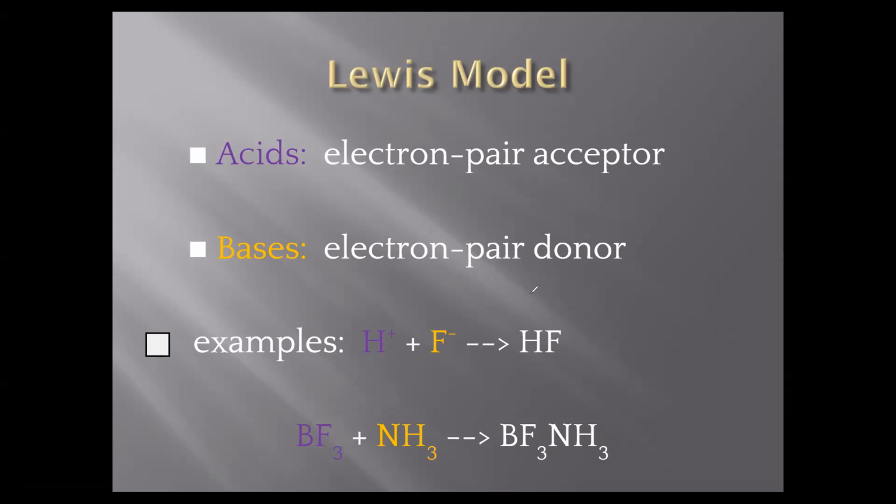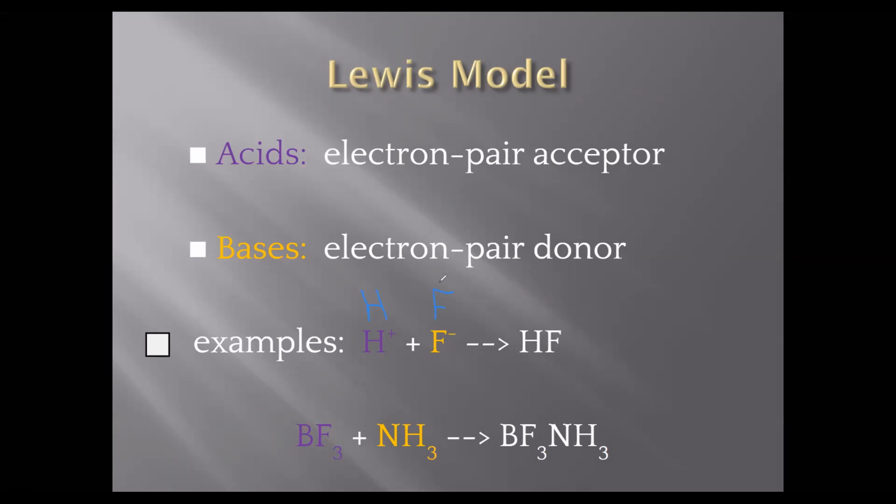So we have H plus, actually, let me draw it over there. Excuse me. Let's draw it over there. So we have this H plus, right? And this H plus does not have any electrons, because hydrogen by itself usually only has one electron, but if it's H plus, there's no electrons there. Fluorine, on the other hand, in neutral state, if you look at the periodic table, has 7 electrons.